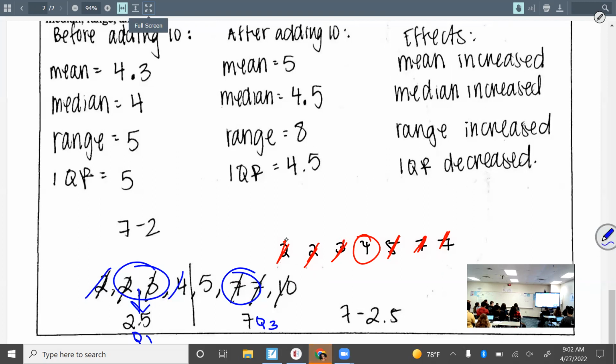Over here, don't include the middle number when it's just 1 in the middle. 2 was my Q1, my Q3 was 7. When we subtract those, there is less variability the first time. Then over here, there's more variability, but then again, it wasn't enough. You just have to test this one out on your own.